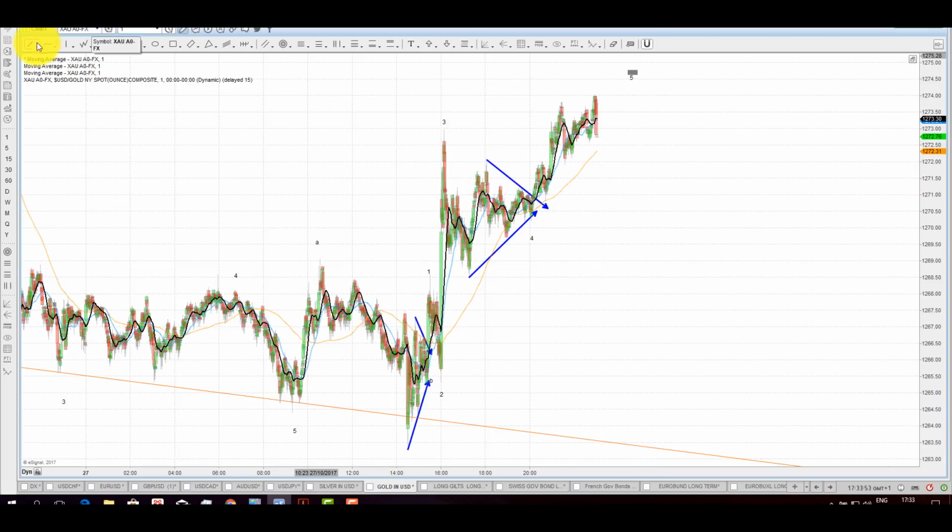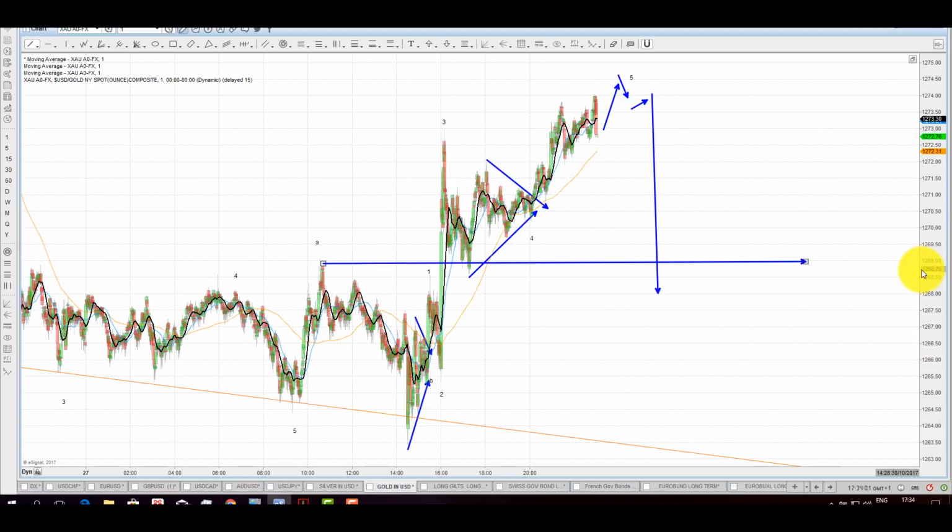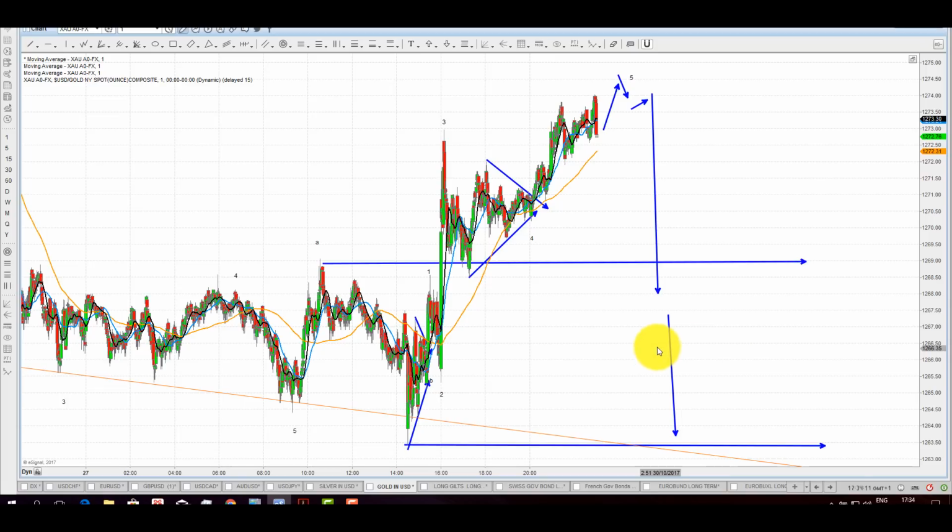Yes, it could pop up here a bit, but essentially gold coming down, breaking back under 1269 is quite a good sign that it's on its way to break the floor and potentially go a lot lower. So that is the 1 minute scale.